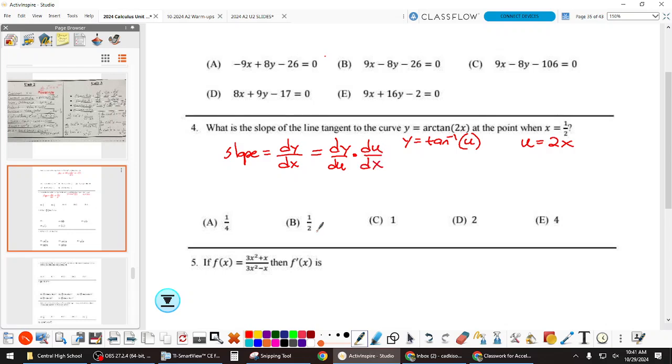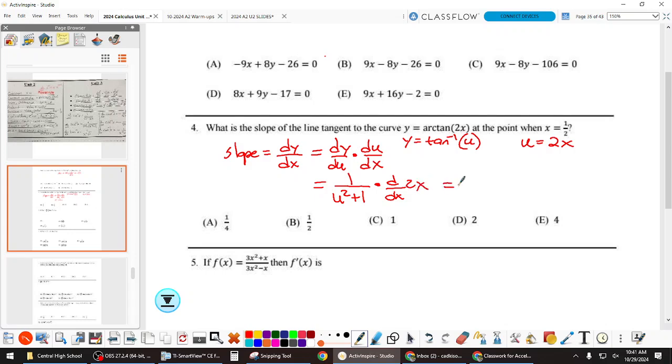Why do we have to do both? Well, because you have to relate it back to x. And this is a chain rule problem, right? Okay, so then I would write 1 over u squared plus 1 times d/dx of 2x, something like that, okay?